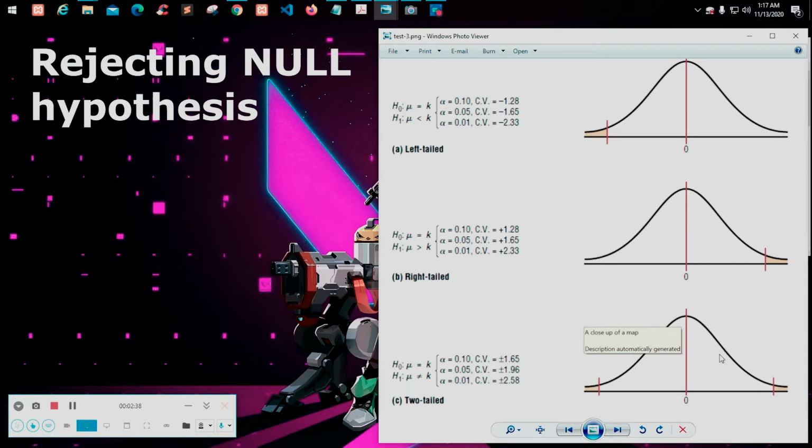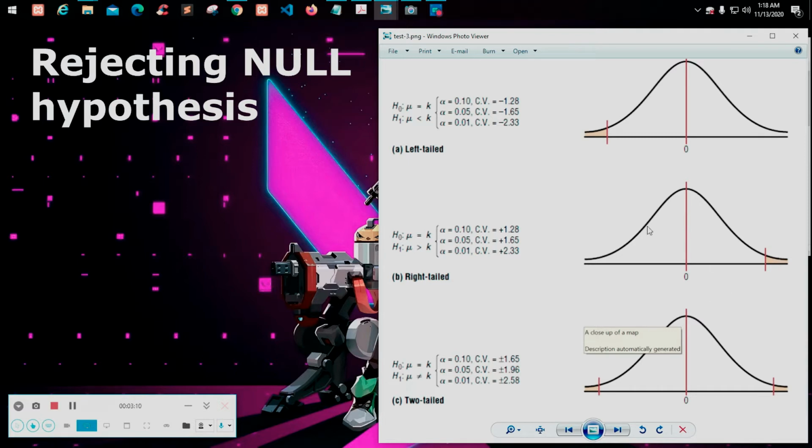So again, pag the hypothesis is less than the retrieved critical value, so we check the statistic value we obtained if less than siya doon sa critical value. If less than, we reject. Then pag we are using the right-tailed or the greater than symbol, if the obtained statistic value is greater than the critical value, we reject.